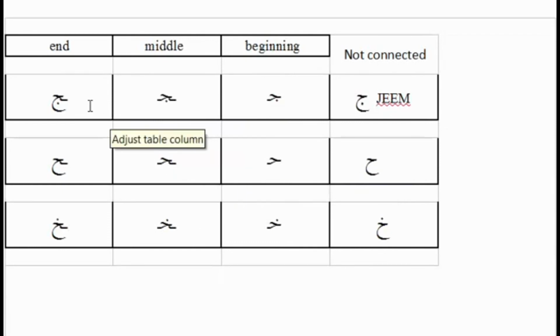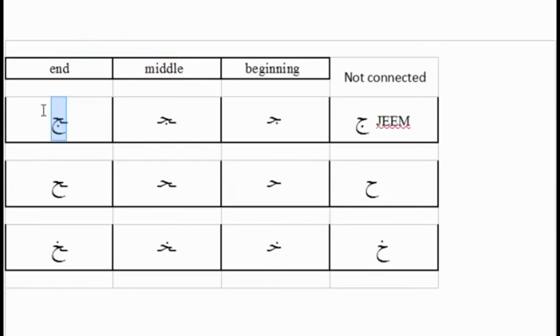So you notice letter jim at the end is the same as letter jim by itself. The only difference is there's a little line to attach to the letter before it. Same for letter ha. At the end it goes back to the original, except there's a little line to connect. Letter kha is the same.